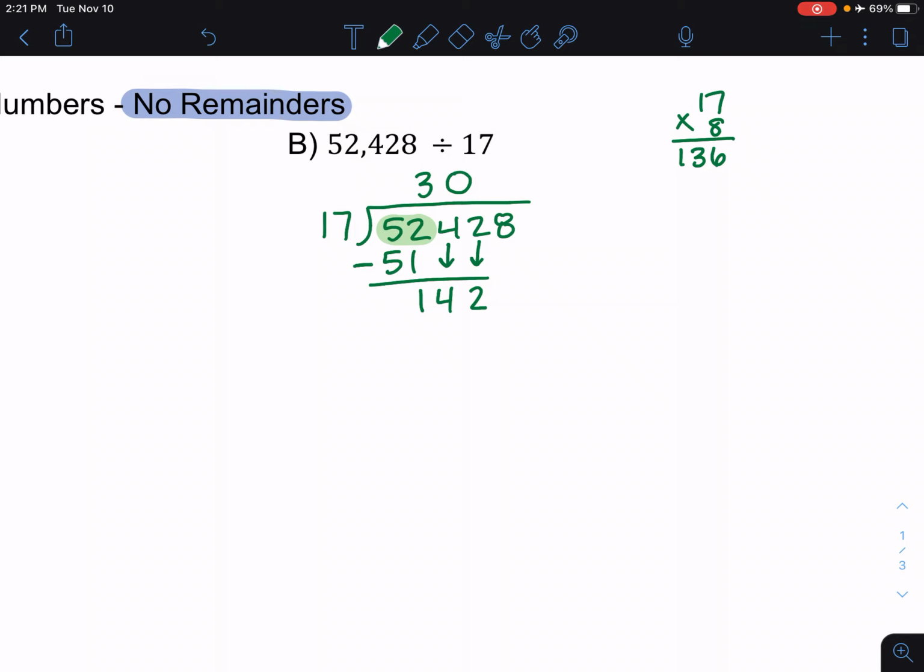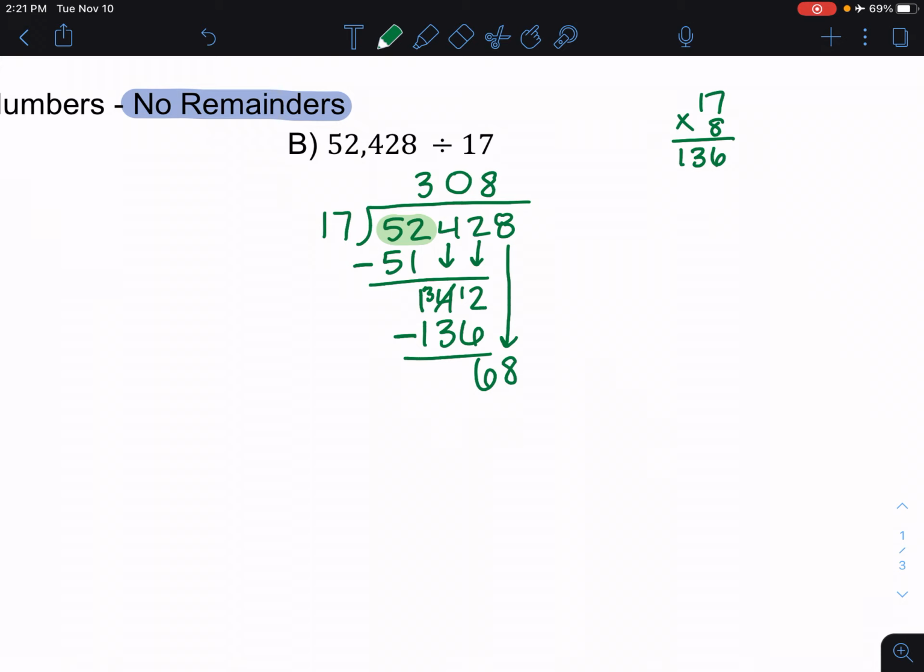So I'm going to have 8 above the 2, and 17 times 8 is 136. And then I subtract. 142 minus 136 is going to be 6. And then I bring down the 8. And then again, in my chart, I can look, or I can try some multiplication.